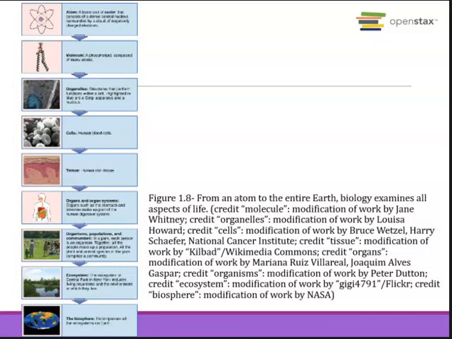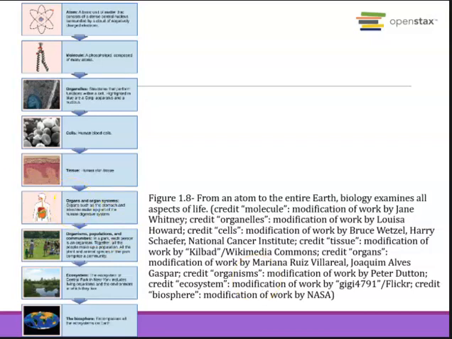From cells, we then have tissues. Tissues are groups of similar cells carrying out the same function. From tissues, we then have organs.